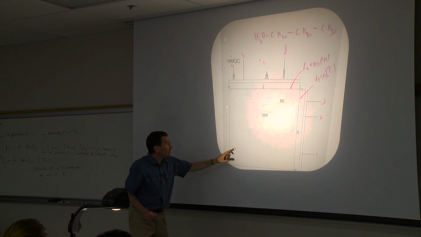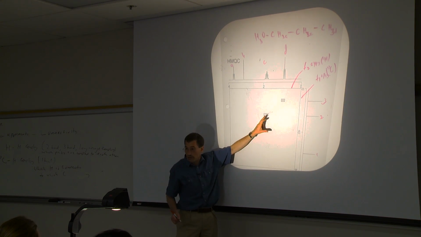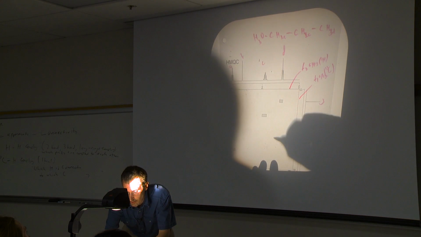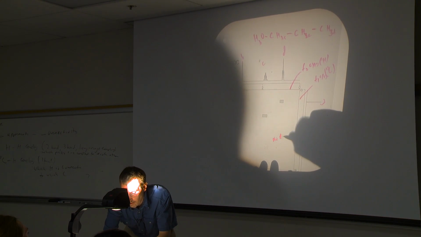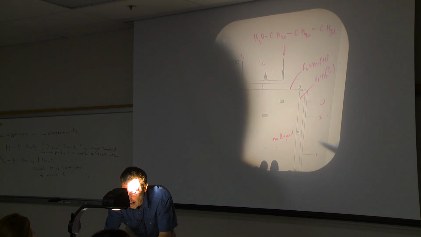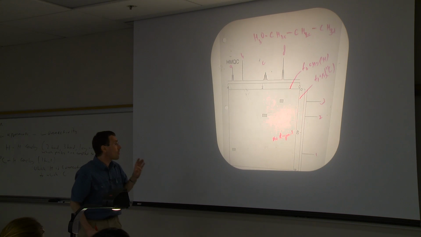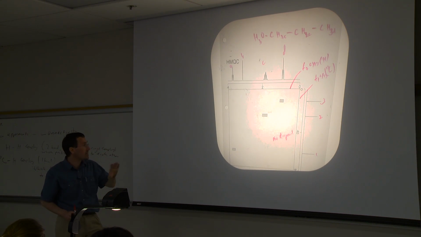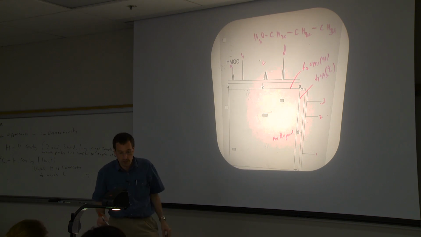Now what we get from the cross peaks here, you notice there's no diagonal. And the only cross peaks are carbon-hydrogen correlations. In other words, what carbon is connected to what hydrogen.